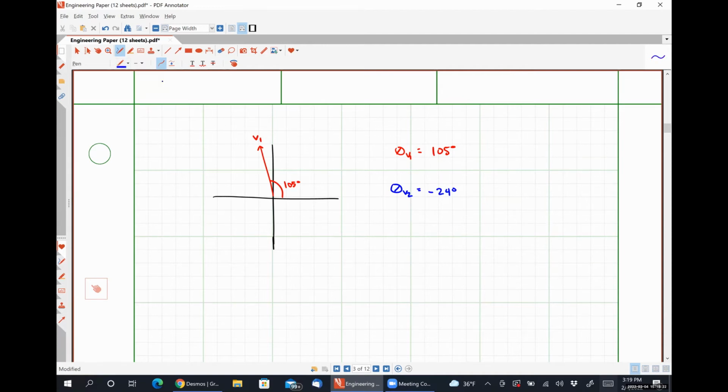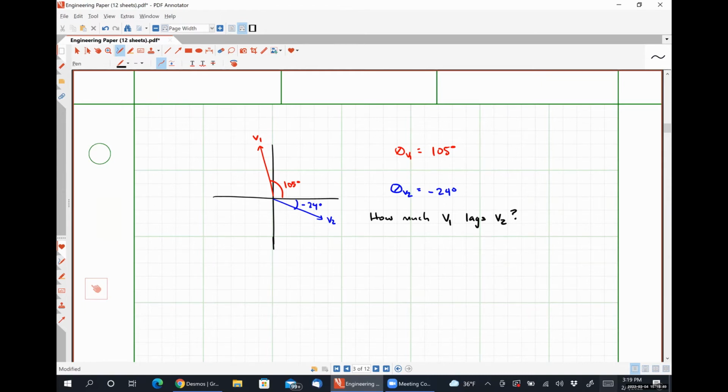V2 would be somewhere over here, where this angle is negative 24 degrees. I want to know how much V1 lags V2. Okay.